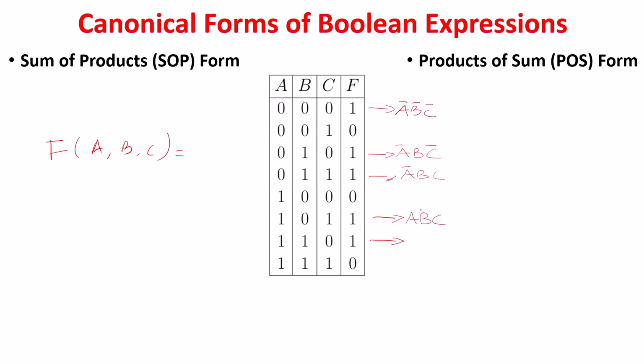B is 0, so we have B bar. C is 1, so it remains the same. The last one, A is 1, it remains the same. B is 1, it remains the same. C is 0, so we have the bar.